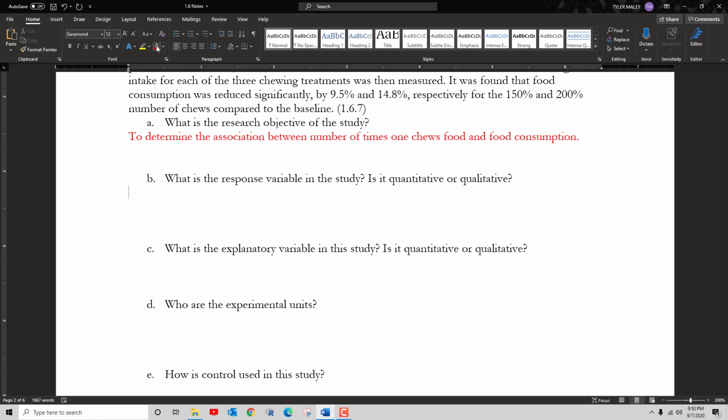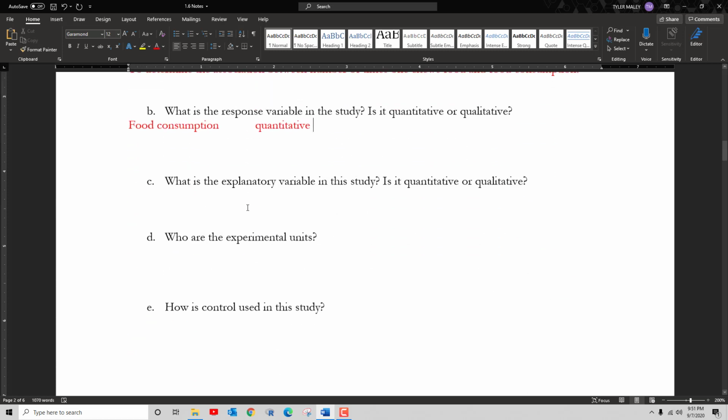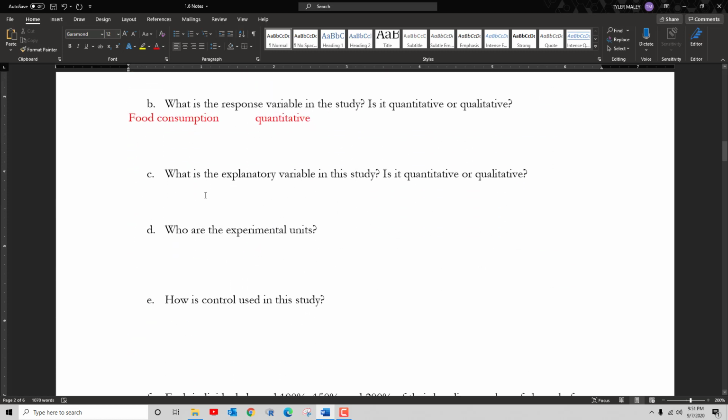Remember, the response variable is the variable that is going to be changing, what we're measuring. So that is the food consumption. And then we're asked, is that variable quantitative or qualitative? Food consumption is quantitative. It's a value, maybe measuring grams of food eaten kind of thing, right?